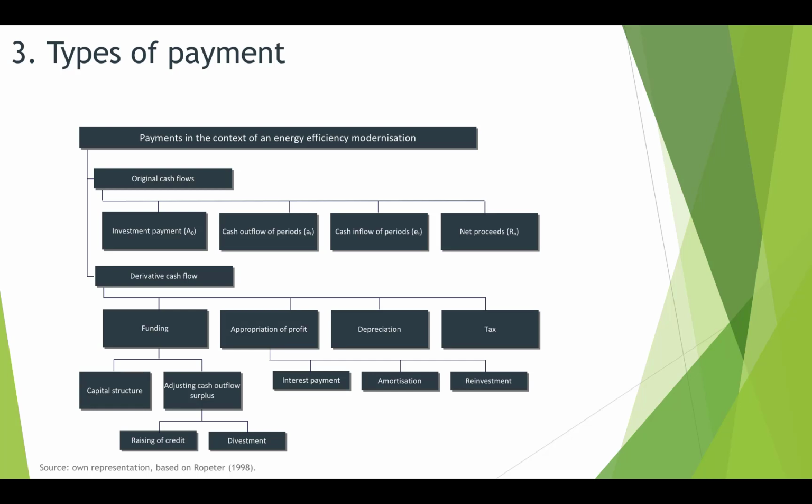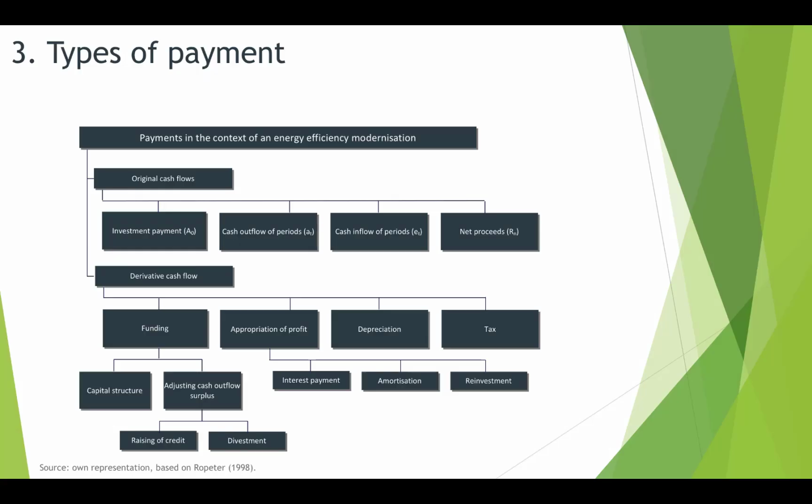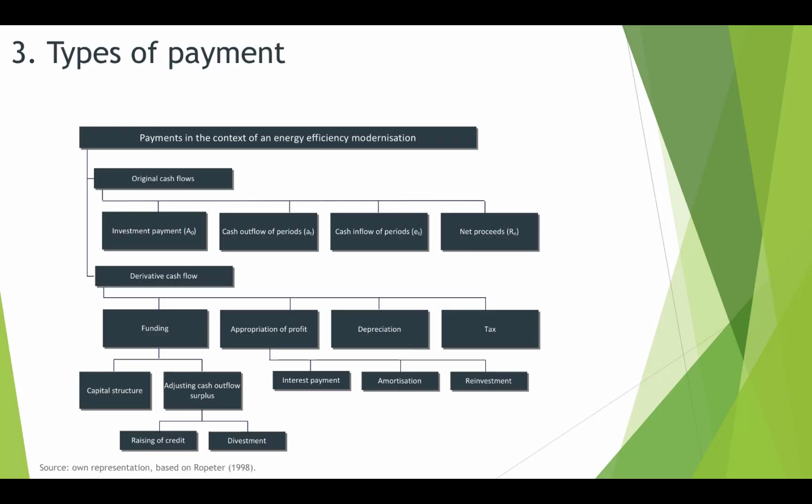This distinction, respectively consideration of these two types of payment, is central to energy efficiency projects, as cash flows such as financing or funding, depreciation, and the income tax situation directly affect profitability. How the derivative payments influence the original payments can be seen later in this video.